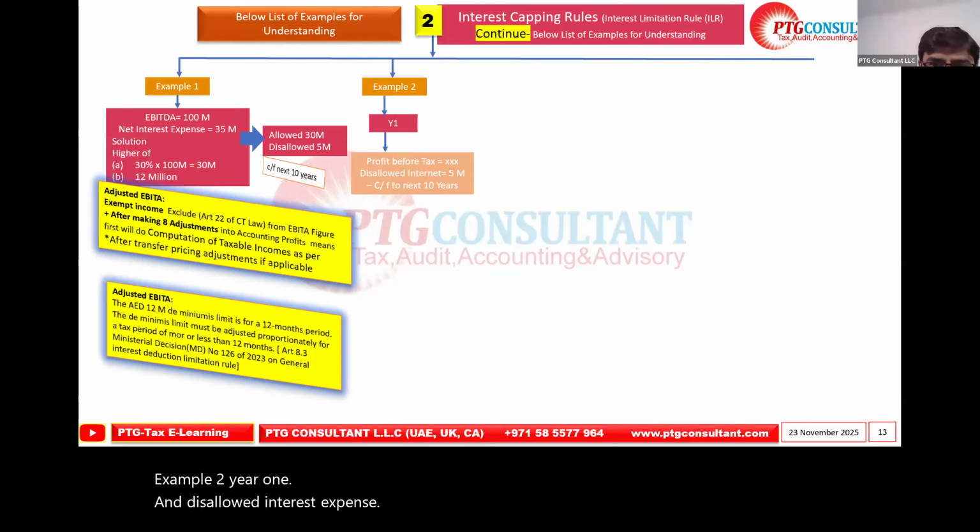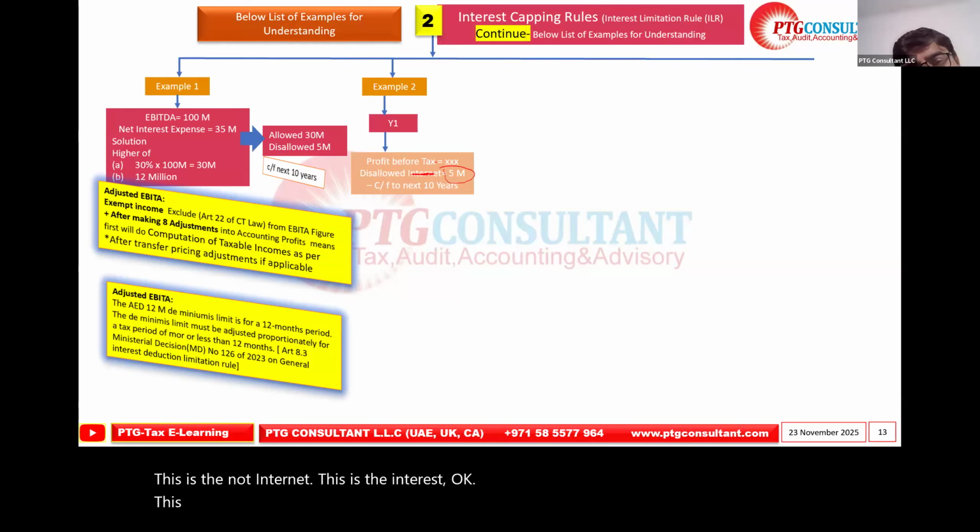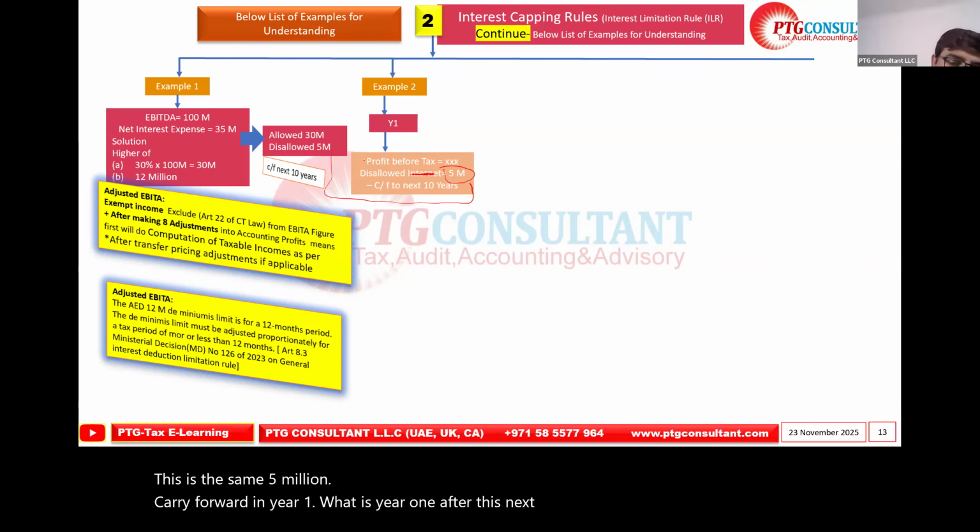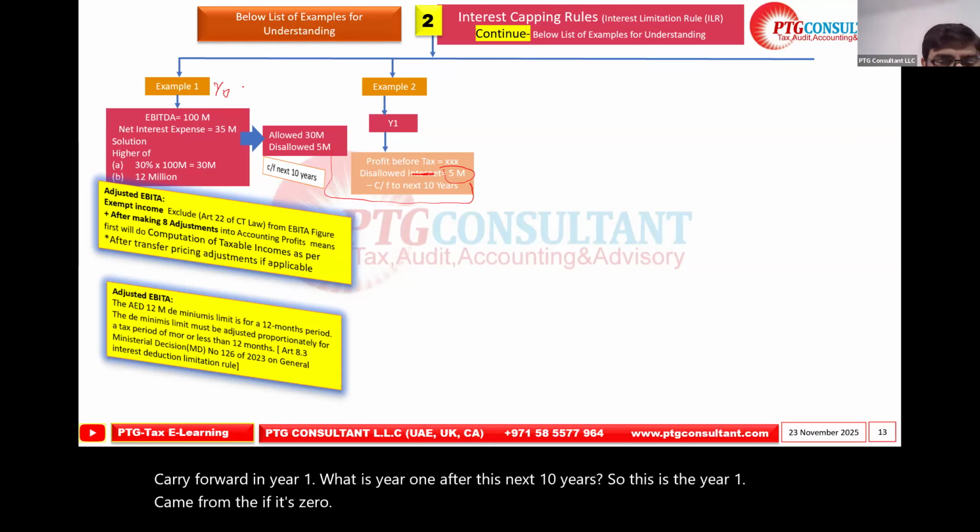This is the interest. This 5 million, where is it coming from? This is the same 5 million carried forward in year one. After this, the next 10 years. If this is year zero, then this is year one.